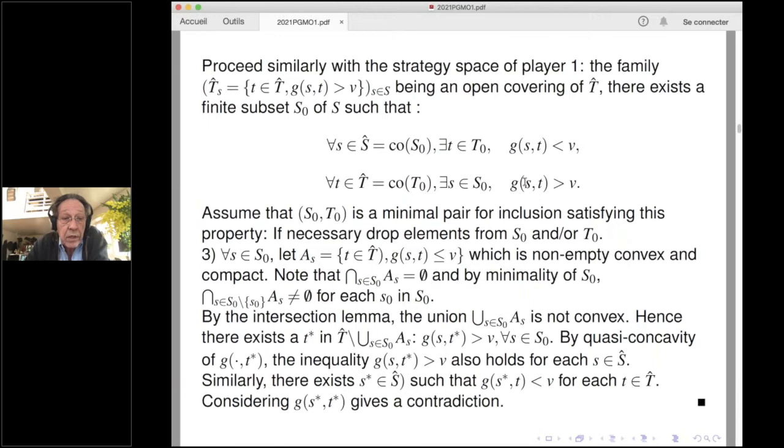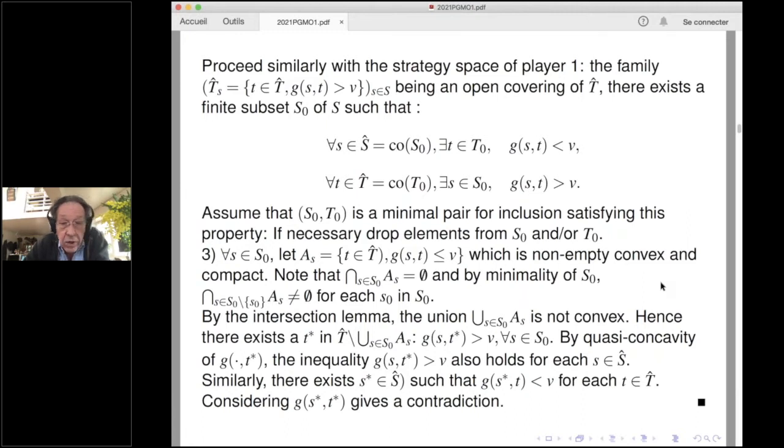Now, the intersection is empty because for every T, there is an S such that G of S,T is greater than V. And by minimality of the set S0, if I drop one element, the intersection is non-empty.